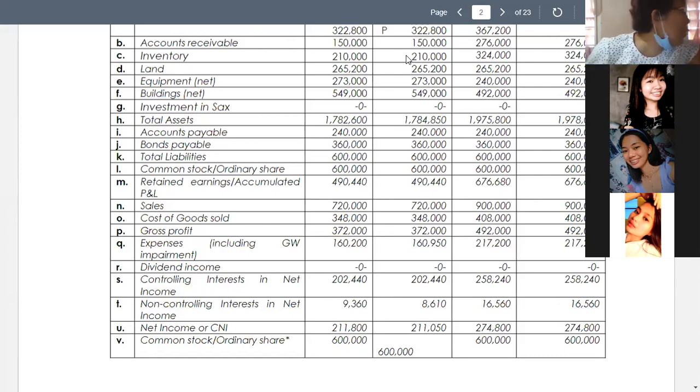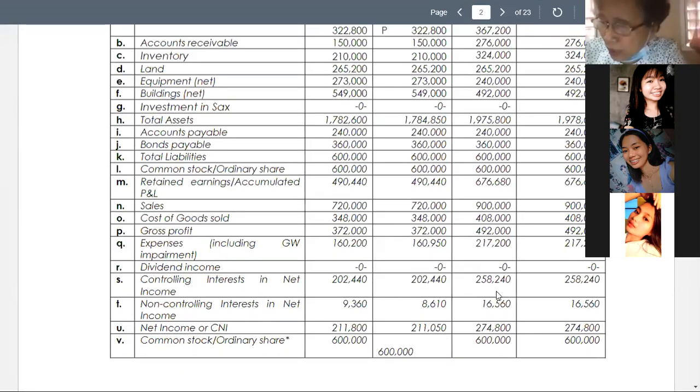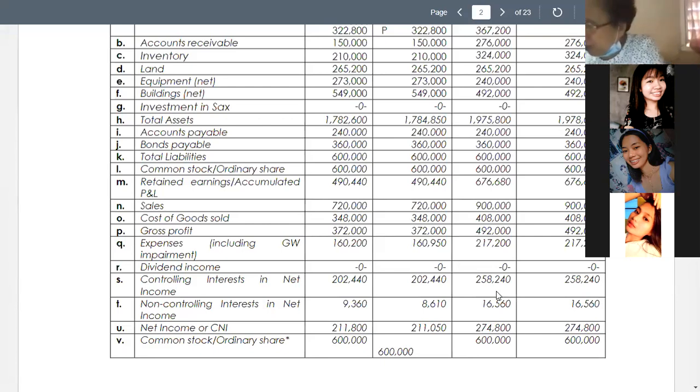Okay? Then we have the next item in our analysis, your expenses, including your goodwill impairment. So what is the final amount of your expenses? We are now given 160,200.